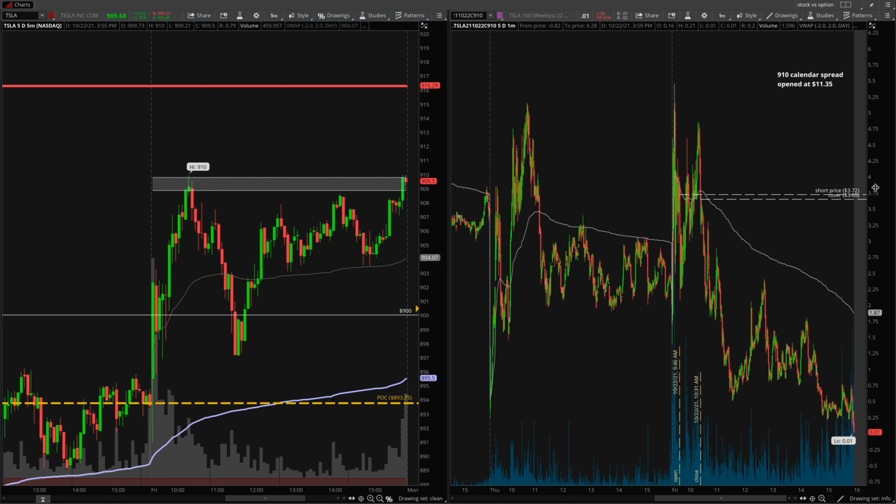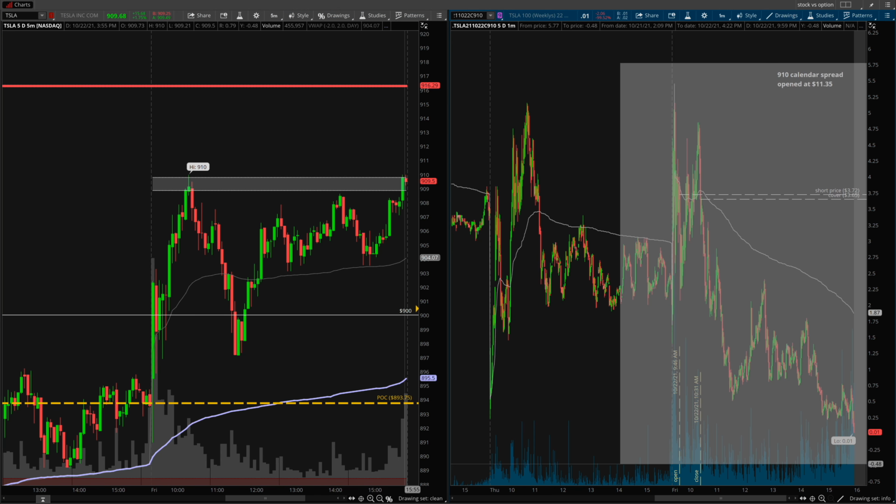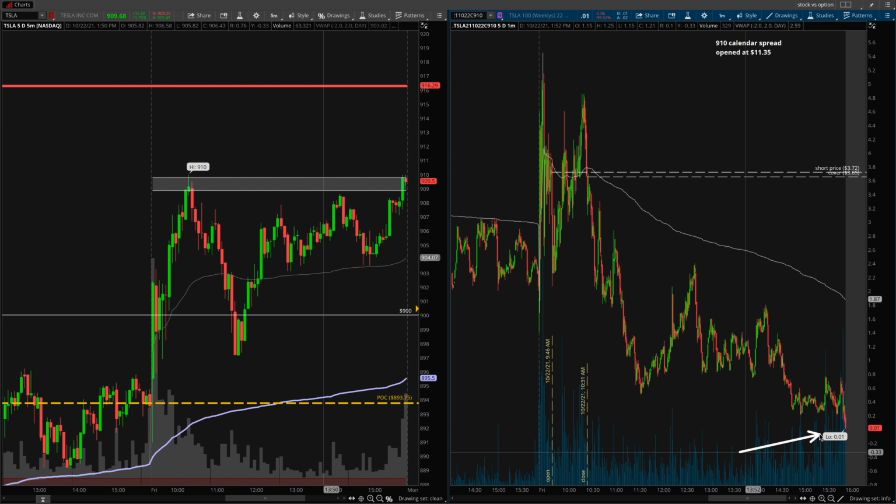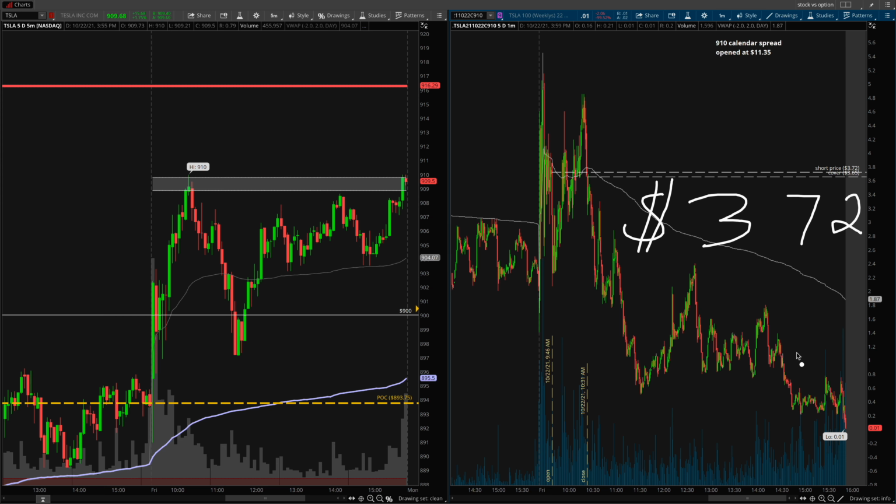So coming around to the conclusion of this video, we can see at the end of the day this option expired worthless, which means if I shorted it for $3.71, that's essentially $3.72, or $372 profit, made from this option just by letting it expire worthless.